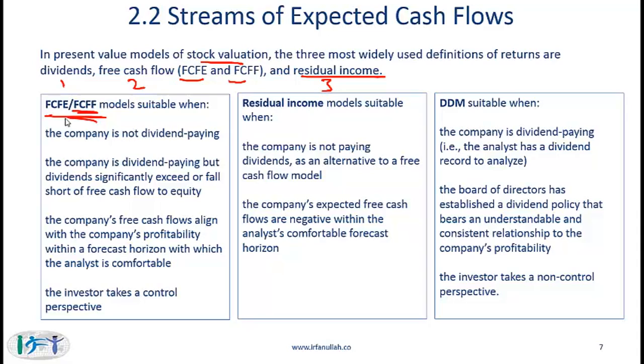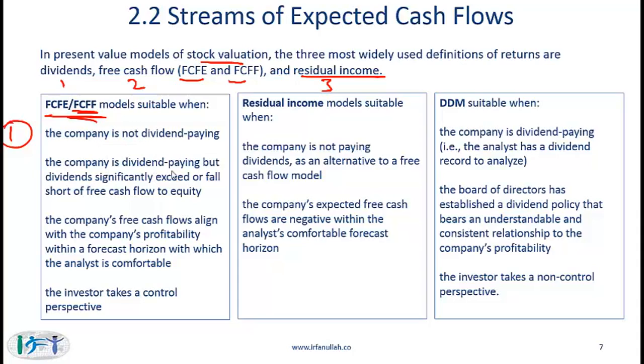So when do you use free cash flow based valuation? You use this when the company is not dividend paying. Obviously you can only use the DDM if a company pays dividends, and there are more constraints which we'll talk about later. But if a company is not paying dividends, then you might use the free cash flow model.